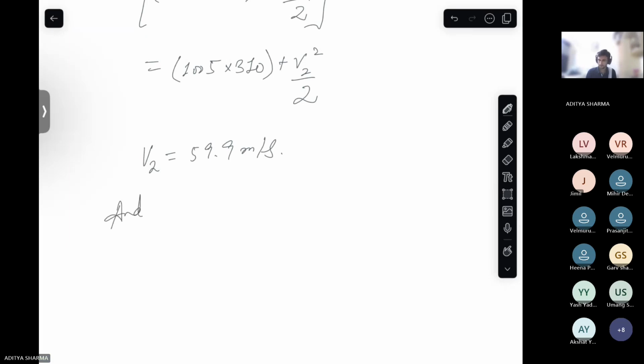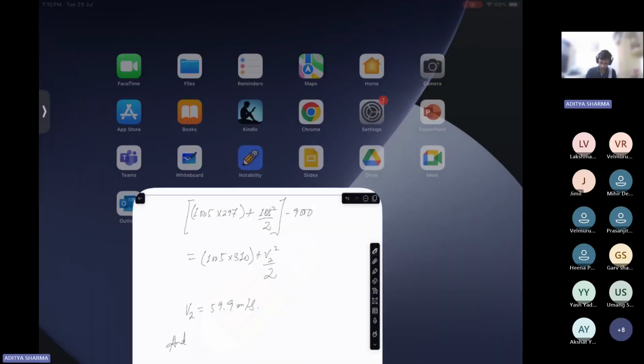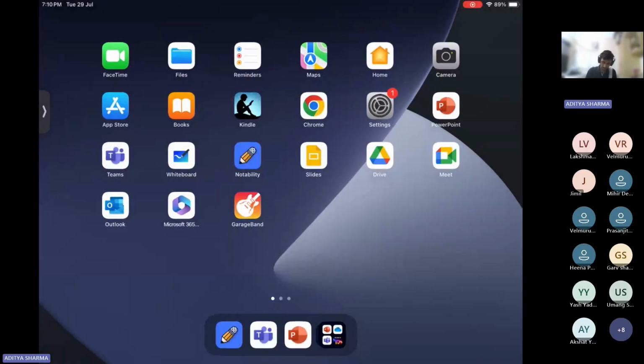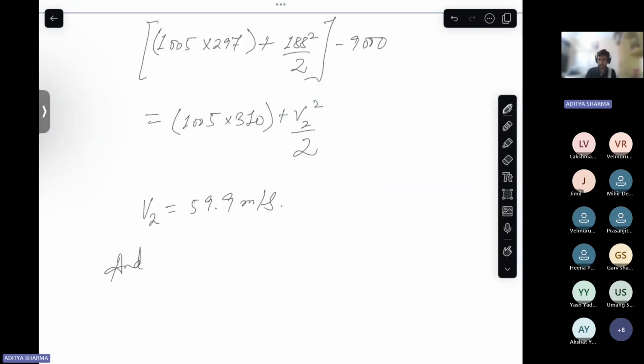And then, so this is your velocity, right? Then you want to find the exit pressure. So exit pressure, how can we find out?